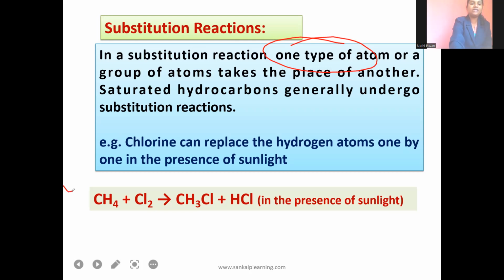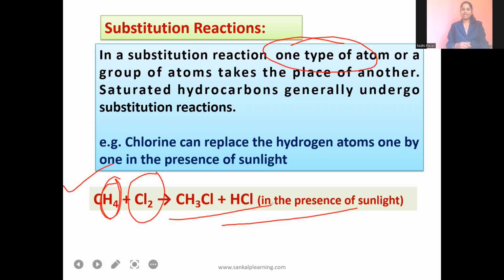As you can see, methane has 4 hydrogens, guys. So when methane reacts with chlorine in the presence of sunlight, the hydrogen atoms will be replaced by chlorine with the formation of hydrochloric acid.